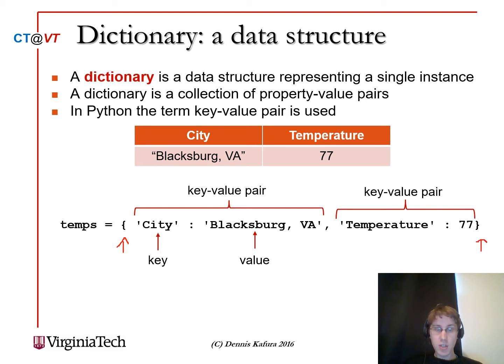And then we see each of the key value pairs. So this has two keys and two values. The keys are city and temperature, and the values are Blacksburg, Virginia, and 77. You can see how this maps directly to the table representation that we had before. Notice also the use of colons and commas to help differentiate the keys from the values and the key value pairs from each other.